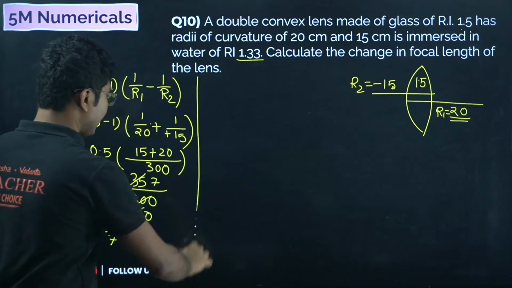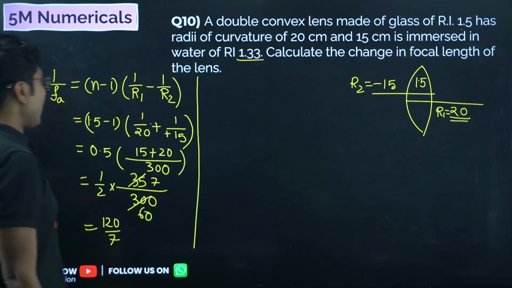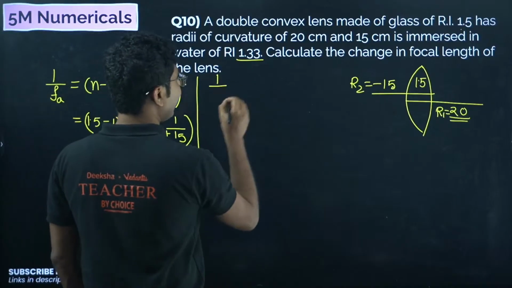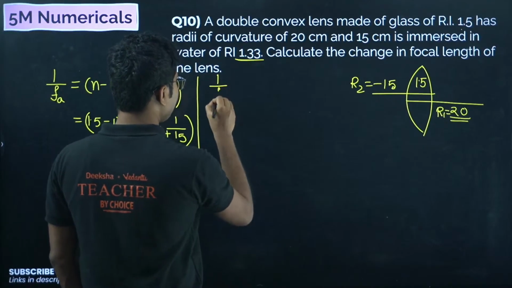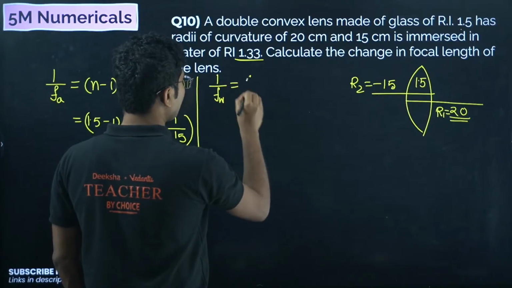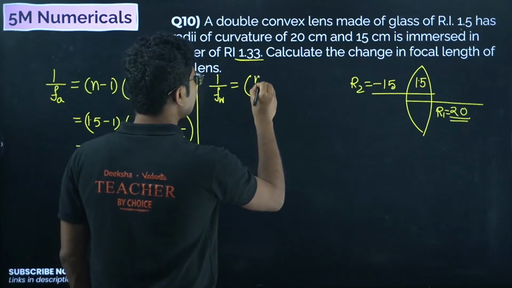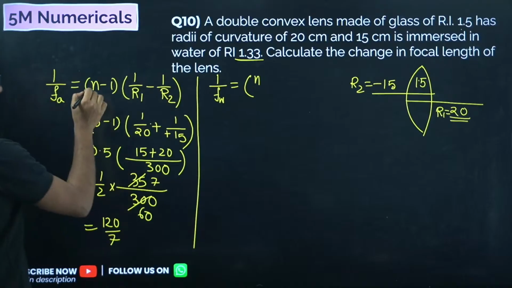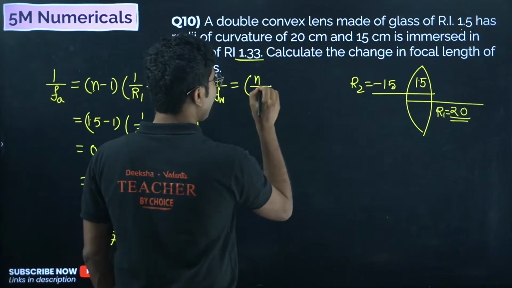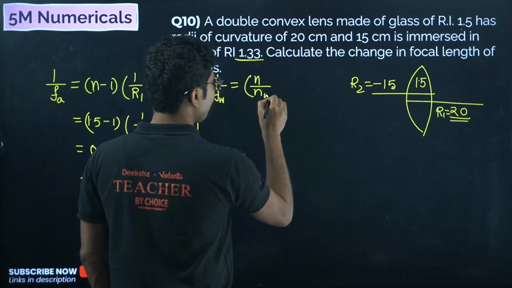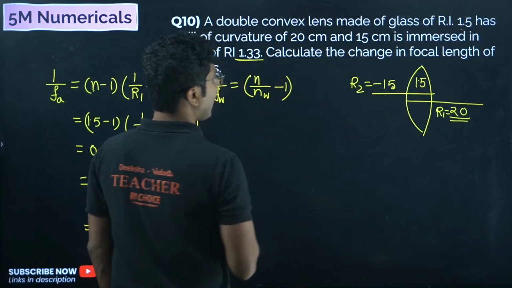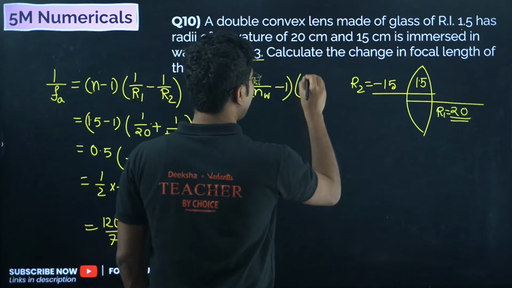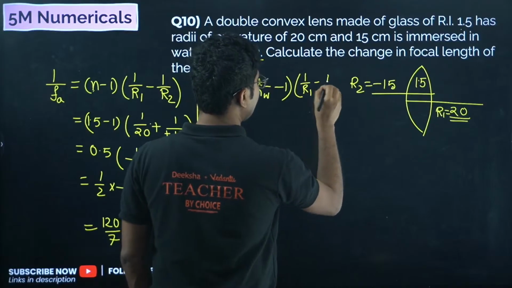Now what will be the final focal length? That we have to calculate. When it is immersed in water, the formula will remain the same. The only thing you have to do is, in this n, you have to divide it by the refractive index of water, and it will be 1 by r1 minus 1 by r2.